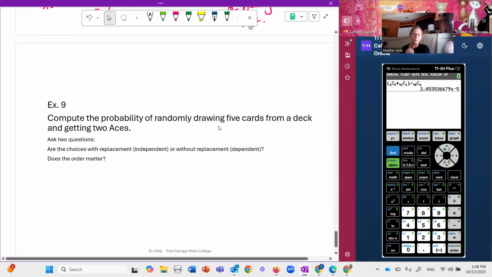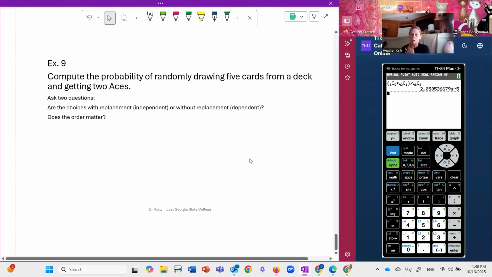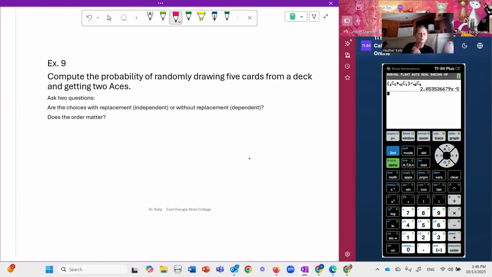All right, and I'm proud to say this is the last one. We'll give a couple of minutes or so, but I encourage you to just pause right now, whether I leave some dead space or not, and try to work this. And I'll give a little hint.